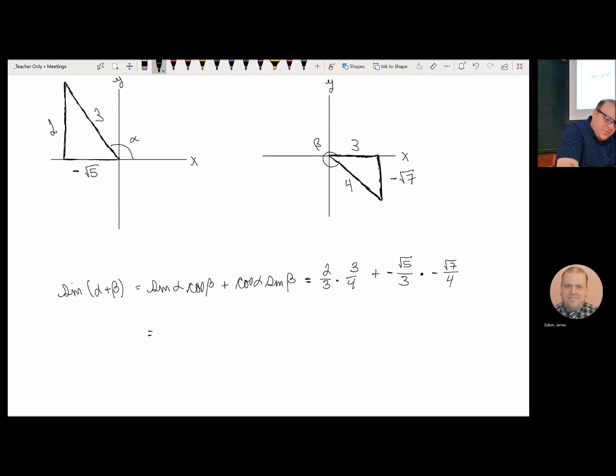We're going to get 6 over 12 plus root 35 over 12, so six plus root 35 all over 12.